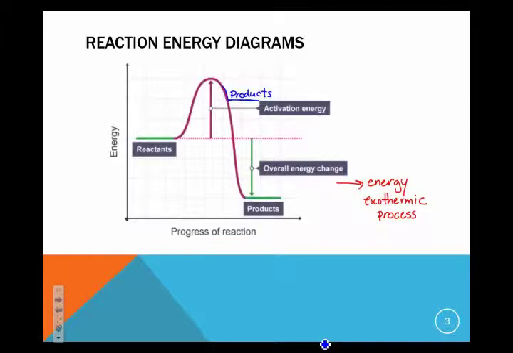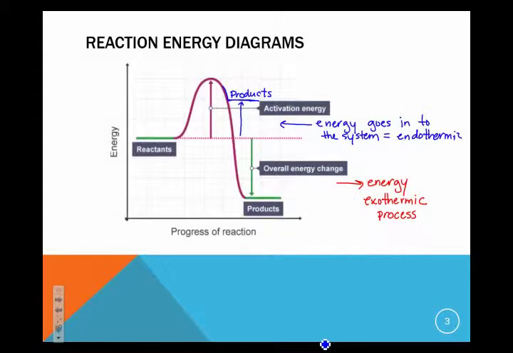But in this case, I end up at a higher energy than I started with. And so my overall energy change was rising up. And so energy had to come into the system overall in order for this reaction to occur, and that's considered an endothermic reaction.